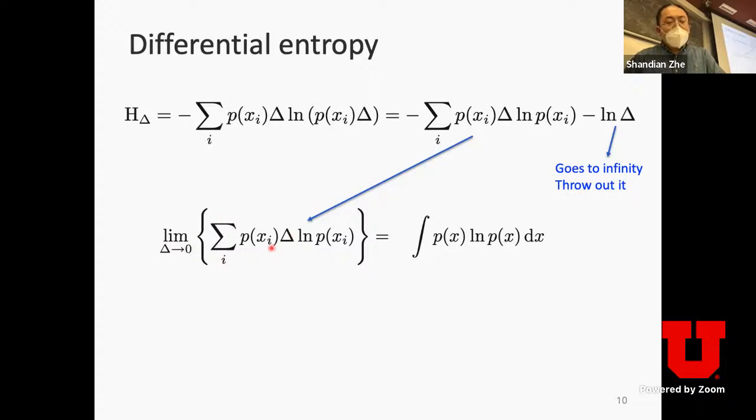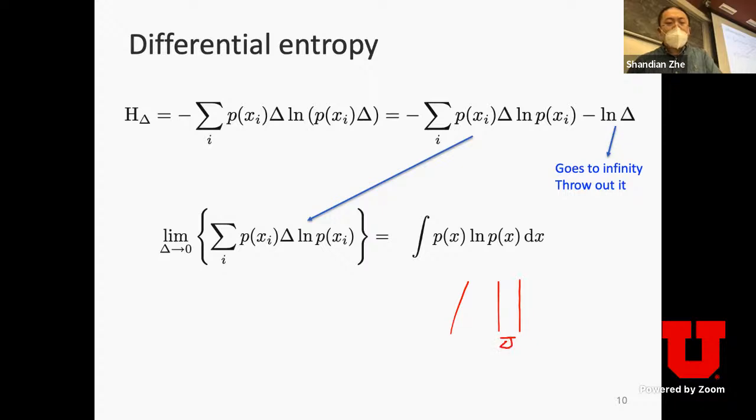Unfortunately, for this case, if you take the limit that delta goes to 0, it is actually an integral, right? If delta goes to 0, you can imagine this is your bin size, this delta.